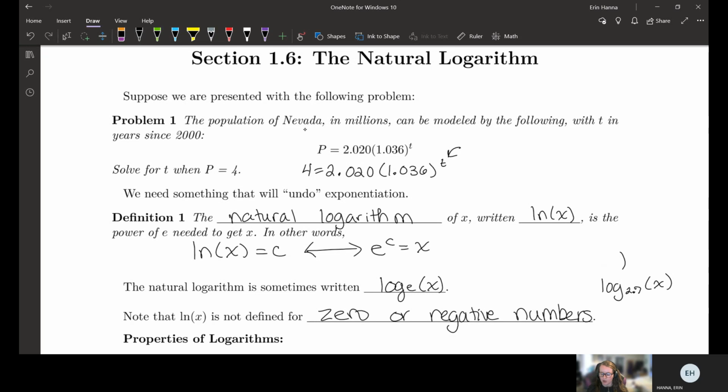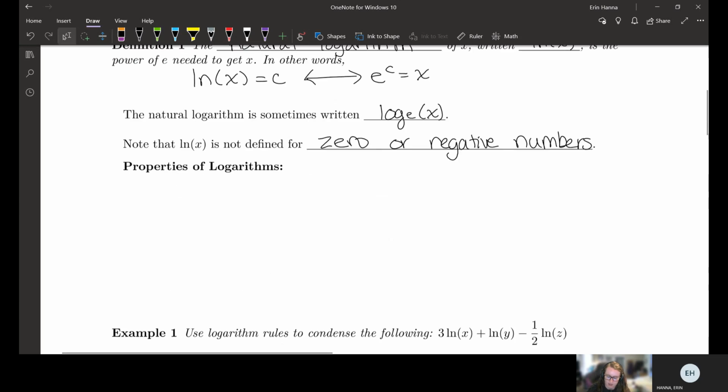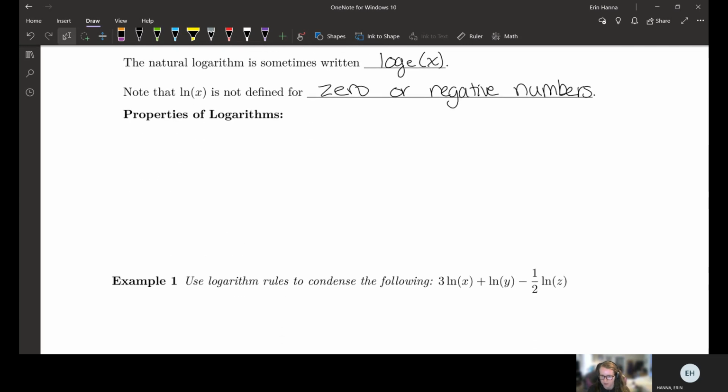If you know how to work with different log bases and you're comfortable with that, go right ahead. Specifically for timing purposes, this class only covers natural logarithm because we can use it to solve any of the questions we want, even if we could also solve them using a different log base. But if you know how to work with other log bases and you would like to use them, you're perfectly welcome to.